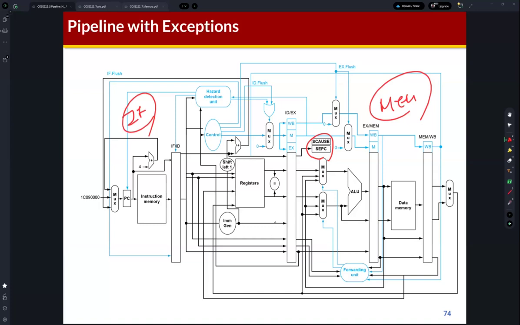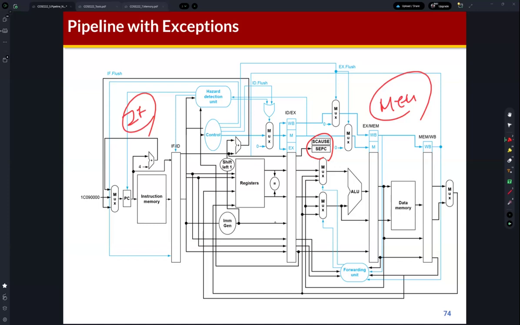What is the earlier instruction? The instruction in the memory stage, right?